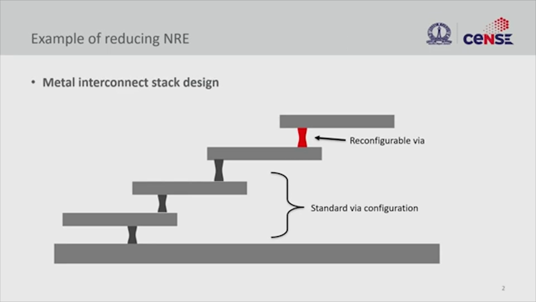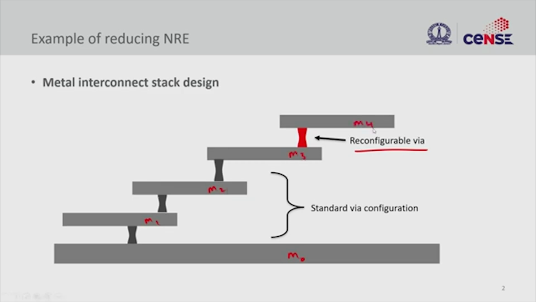So let's have a quick look at how the back end helps you in addressing reliability. We saw non-recurring engineering costs. How do we reduce that? Another way of reducing those engineering costs is by using reconfigurable vias. We saw these multiple metal lines; this is M0, let's say M1, M2, M3 and M4.